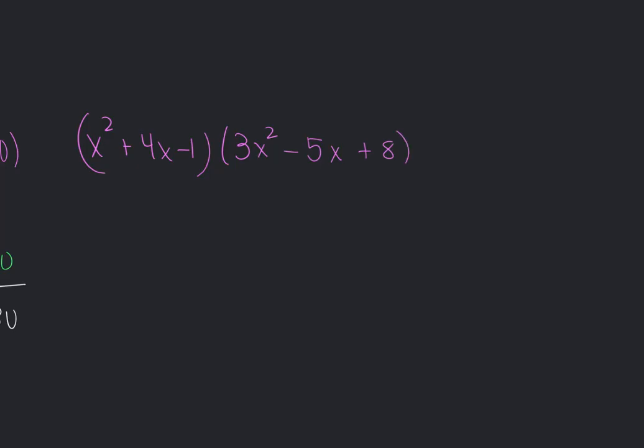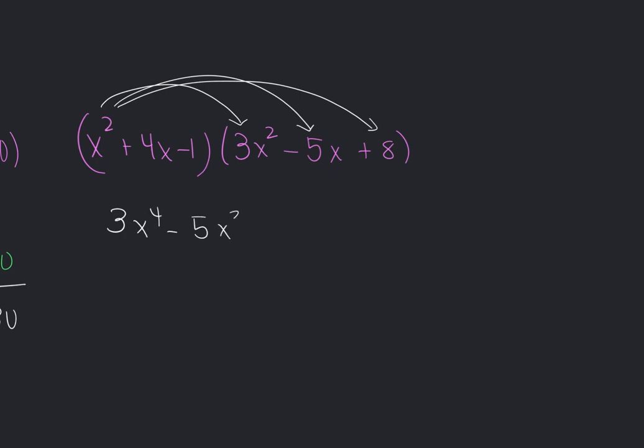Okay, so this guy is going to get arrows to each person. So I'd have 3x to the fourth minus 5x to the third. Remember, when I multiply, I add the exponents. So 2 plus 1 is 3. And 8x squared. Okay, I'm going to erase this because I'm going to do my next distributing. So I'll do it in green.